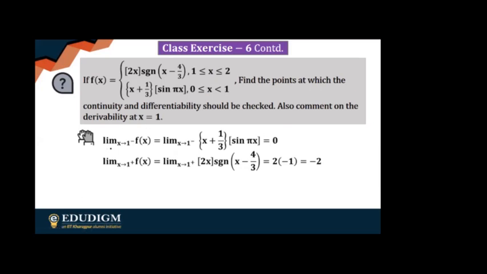So just be patient with the calculation. Something less than 1, this part is used. So this is what you have. If I just simply put x equals to 1, this is sine pi. Sine pi is nothing but 0.